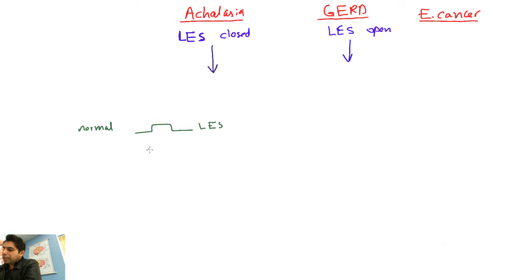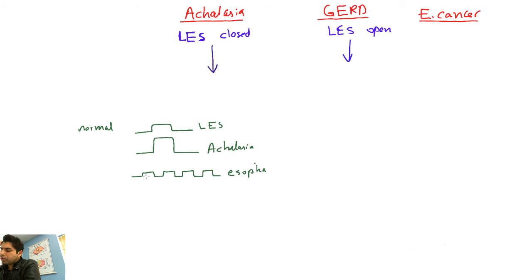Now, in achalasia, the tone should be higher. Now peristalsis is a wave like this, along the length of the esophagus.